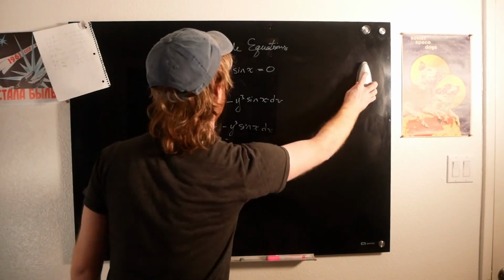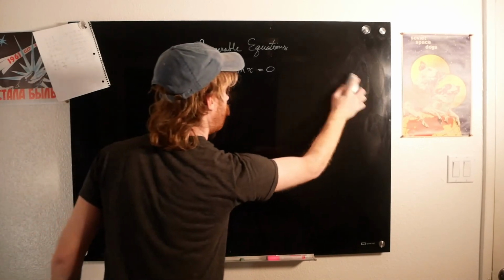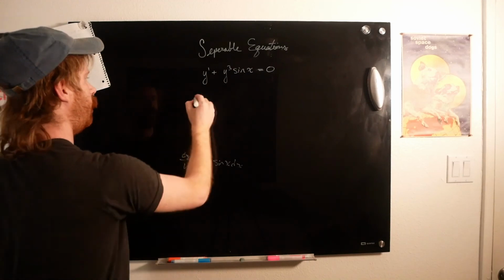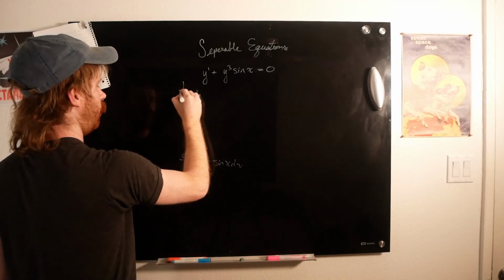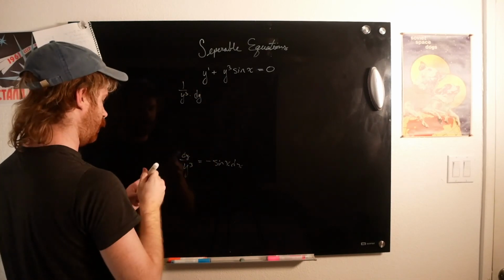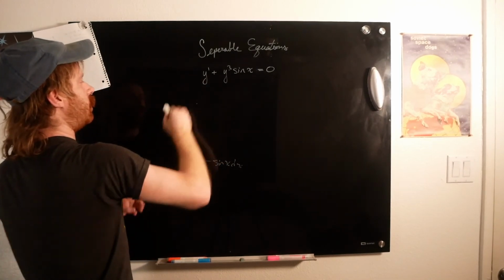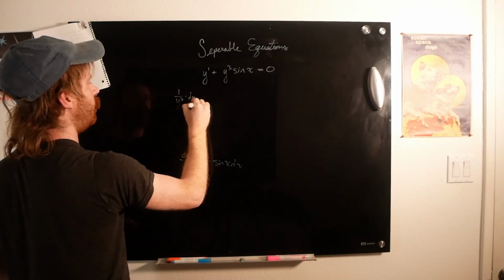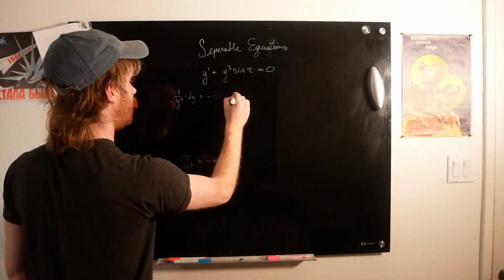So let me erase this and copy this up here: 1 over y cubed times dy equals negative sine of x dx.